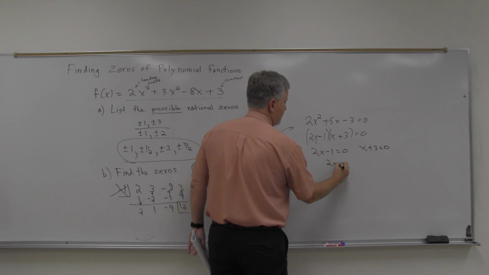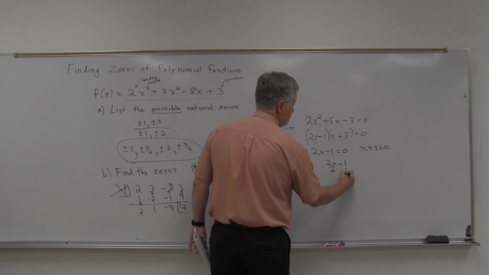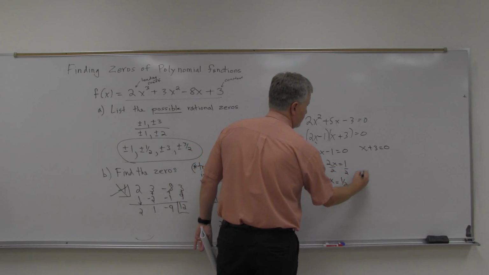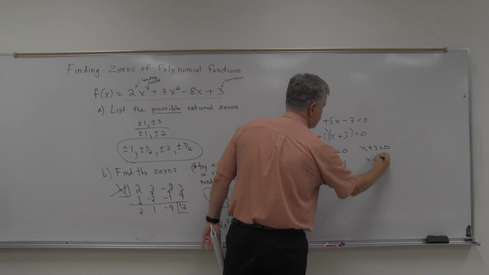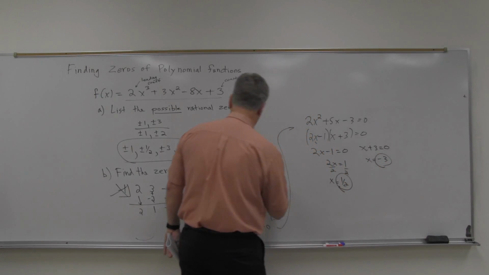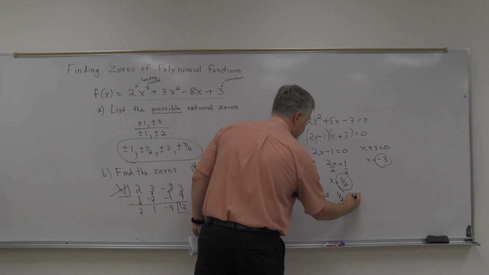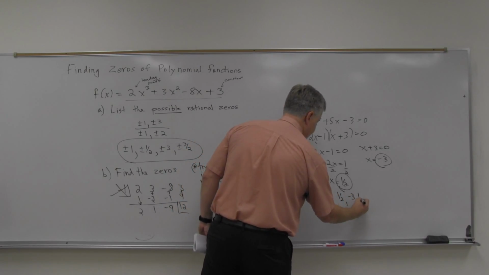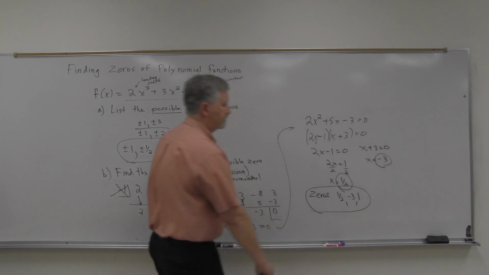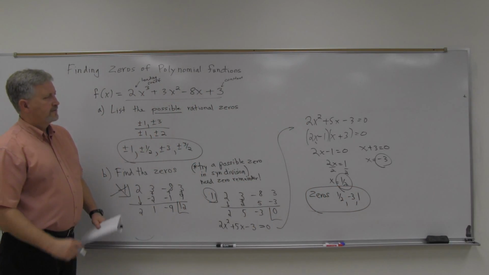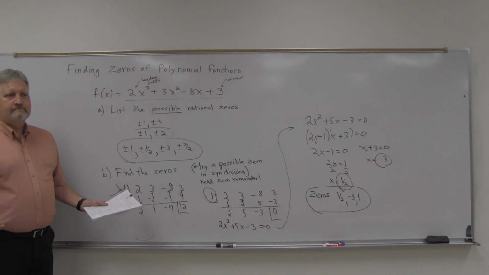Add 1, divide by 2: 1/2 and -3. So there are my zeros: 1, 1/2, and -3.